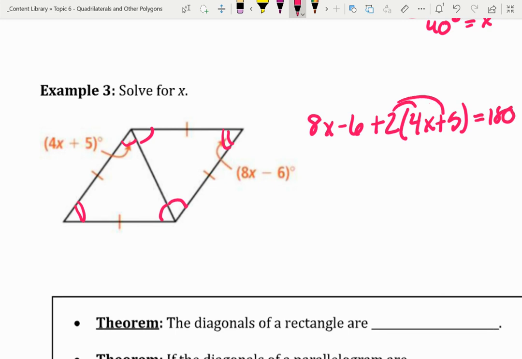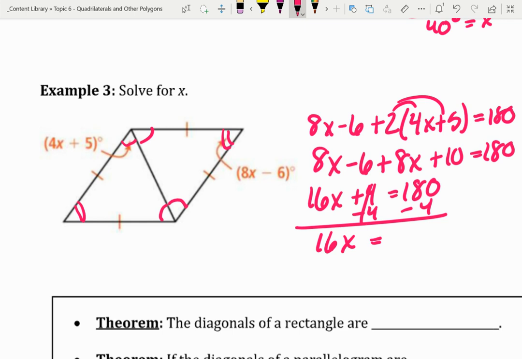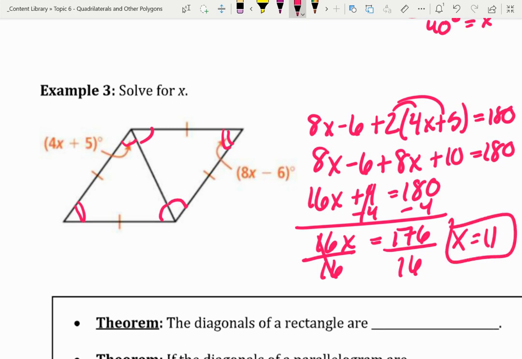We can distribute our 2, so we get 8x minus 6 plus 8x plus 10 equals 180. Combining like terms, 8x and 8x is 16x, and negative 6 and 10 is positive 4. Subtract 4 from both sides. We get 16x equals 176. We divide by 16. And we get x equals 11.